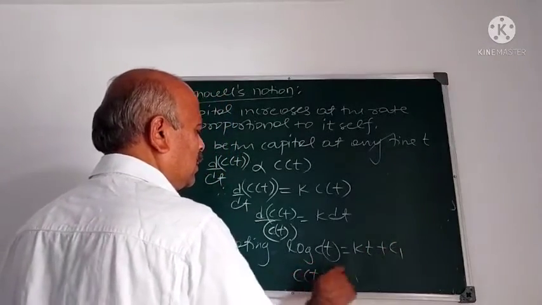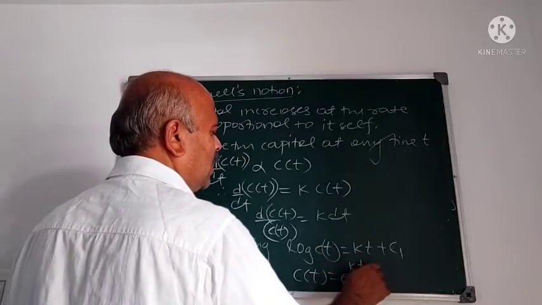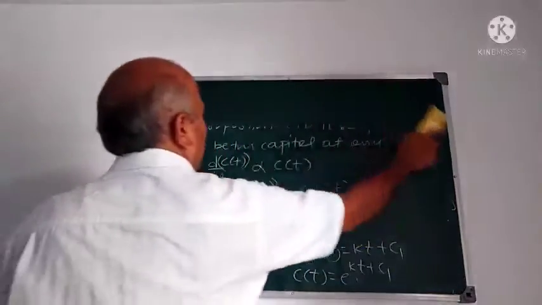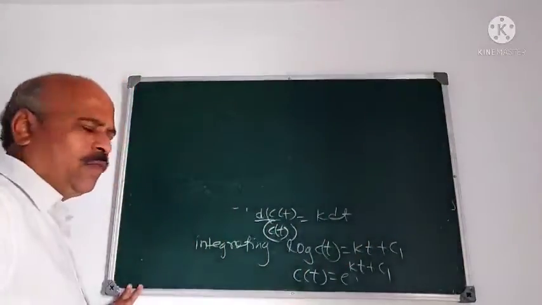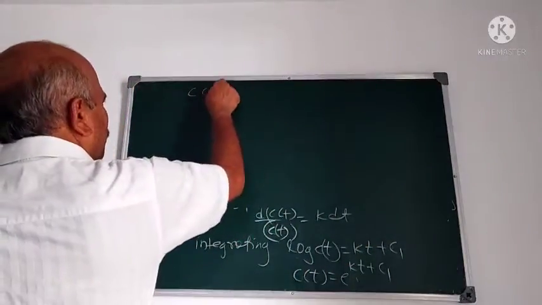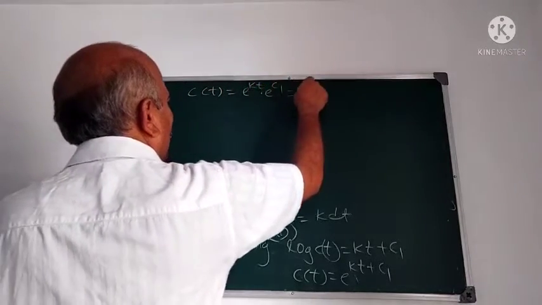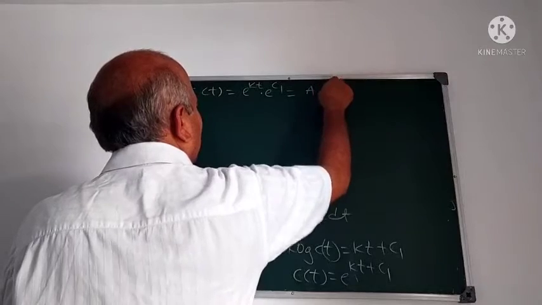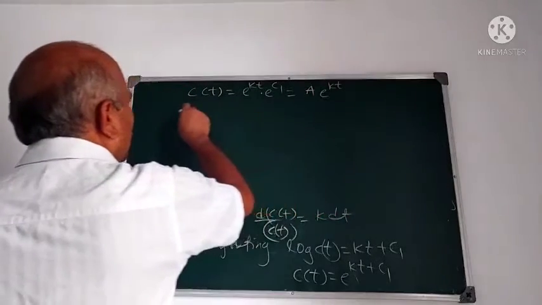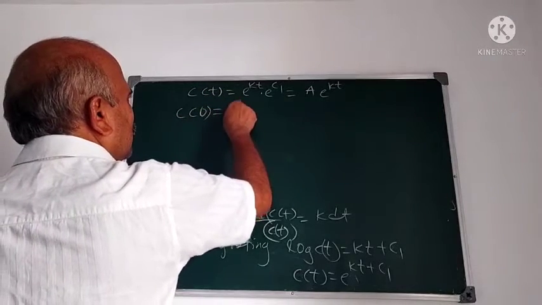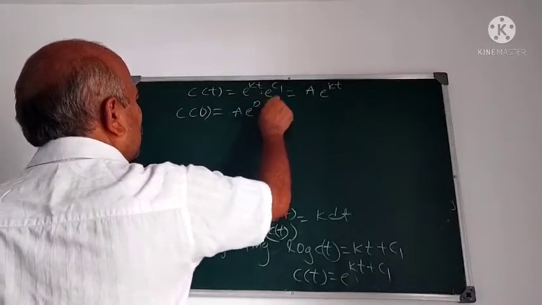Therefore, C(t) is e raised to k t plus C1, so C(t) is e raised to k t into e raised to C1, which is taken as a e raised to k t. Now initially t is 0, so C0 is a e raised to 0.